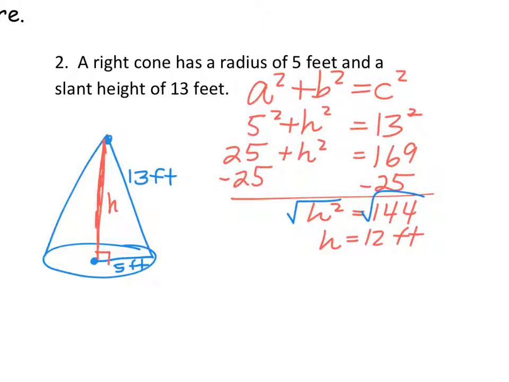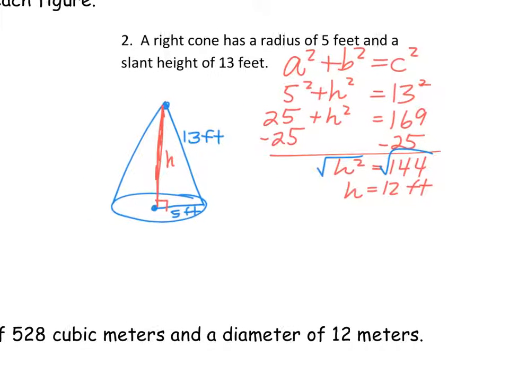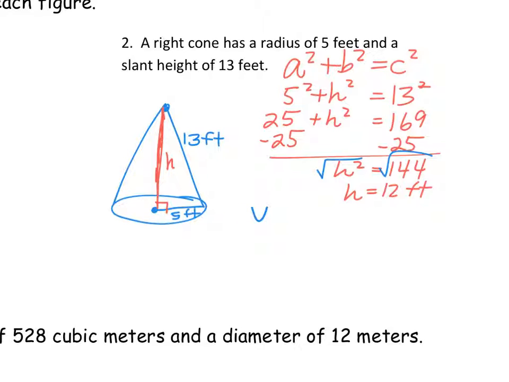That's all good and great, but you want the volume. The volume of a cone is 1/3 the volume of a cylinder. So 1/3 of pi r squared times the height. Okay, put in what you know.